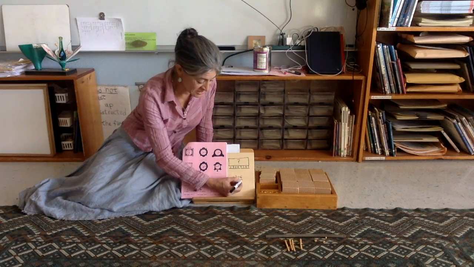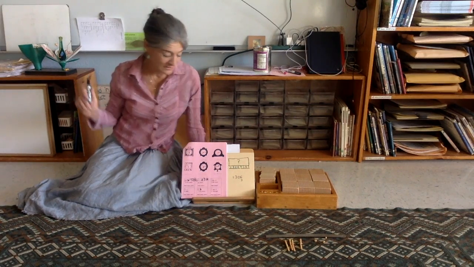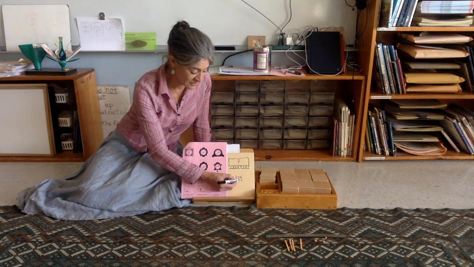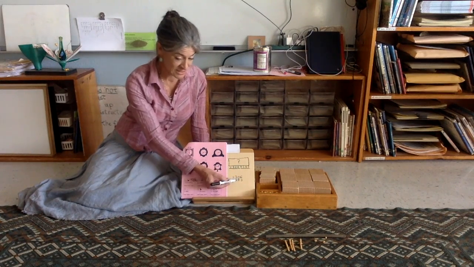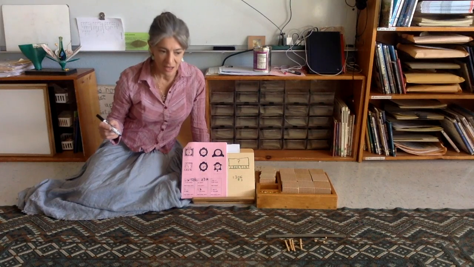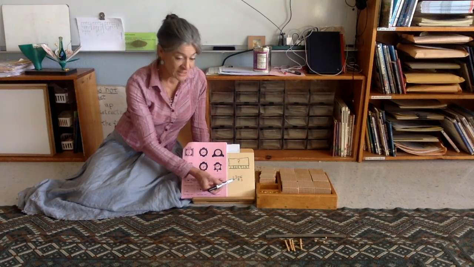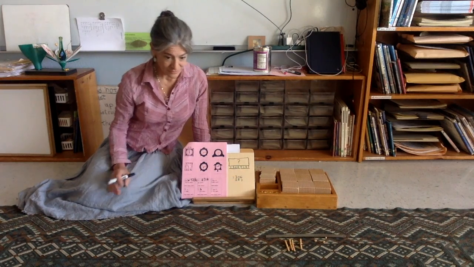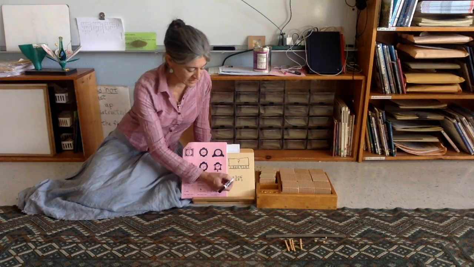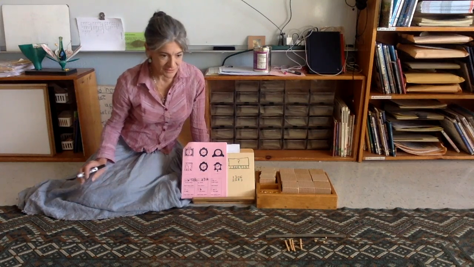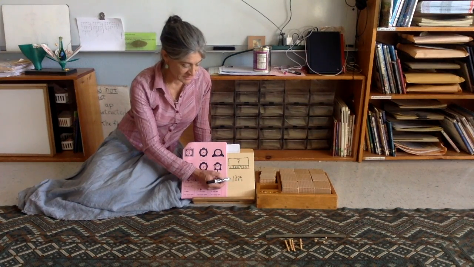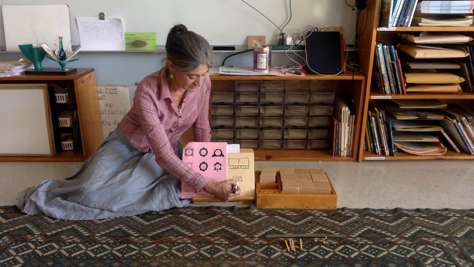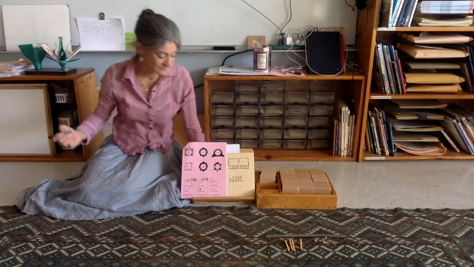So the 3 goes under the 6. The 8 goes under the 0, because that's tens, right? Units, tens, hundreds. So it has 2 hundreds. And it's got some thousands. 5,000. And we said it's a plus, right? And then we make a line for the sum.